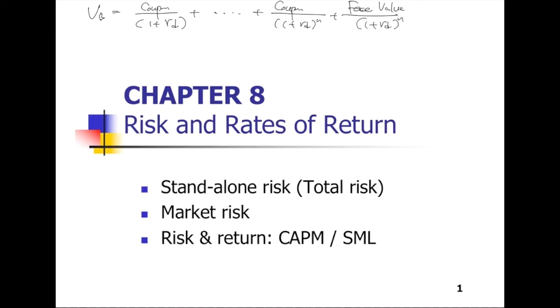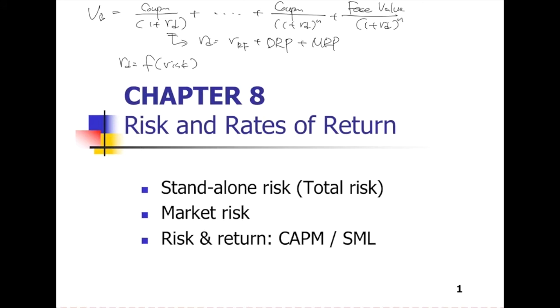Right? And this RD can be calculated by the risk-free rate, DRP, default risk premium, and maturity risk premium. So we can say RD is a function of risk, right? What kind of risk? Yeah, inflation risk, default risk, and maturity risk, right?